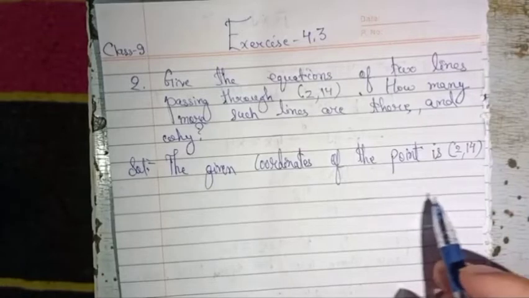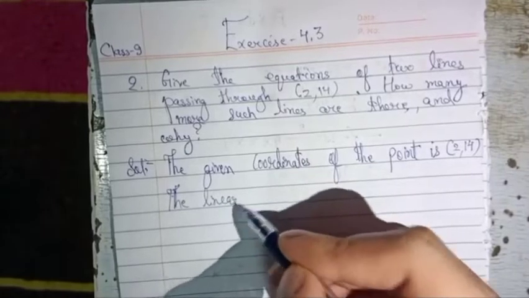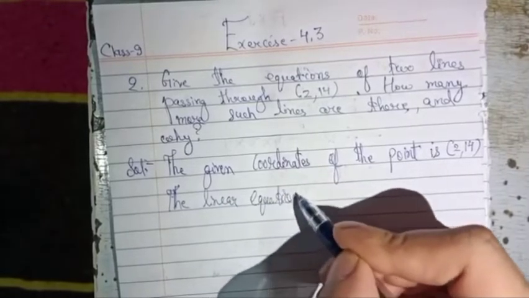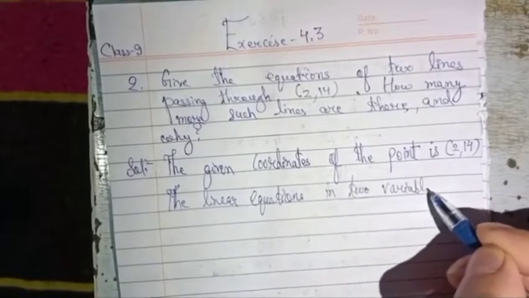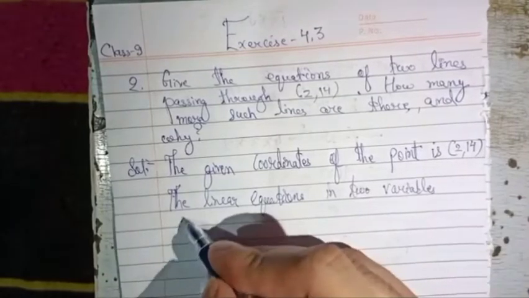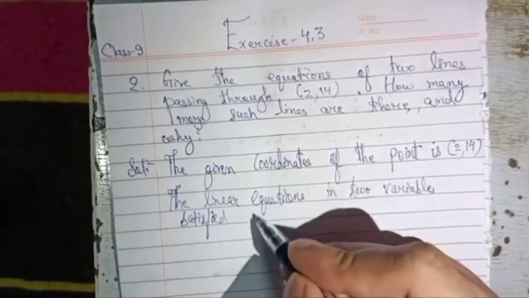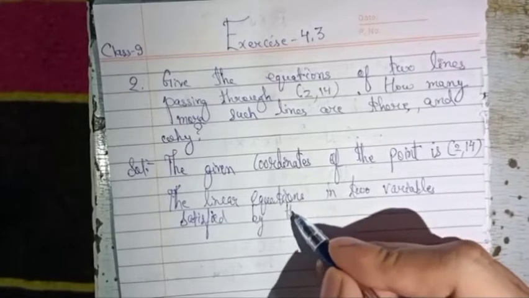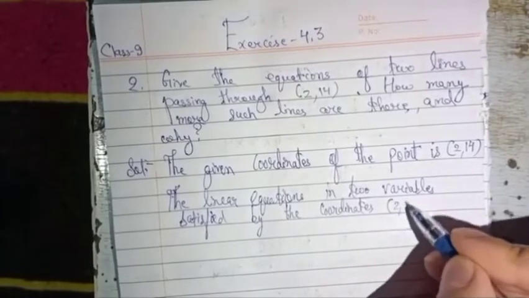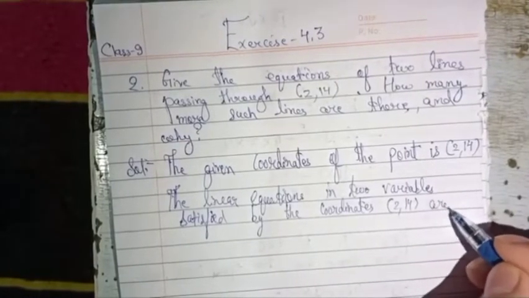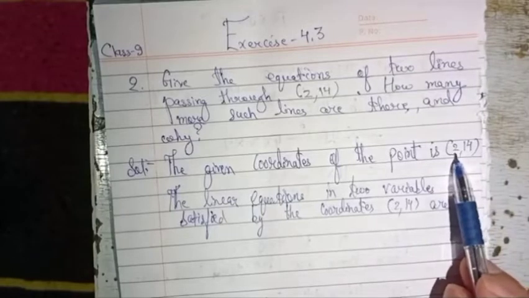The linear equations in two variables satisfied by the coordinates (2, 14) are, okay, two equations we need which will satisfy the values of these coordinates.